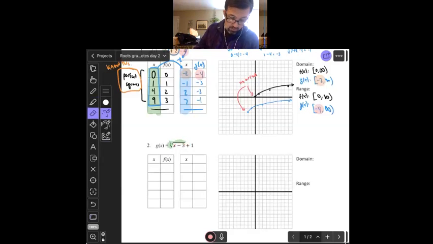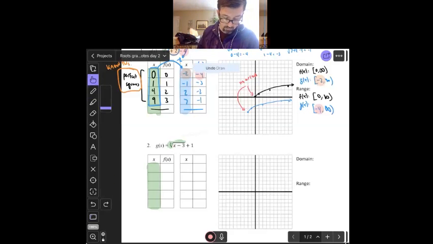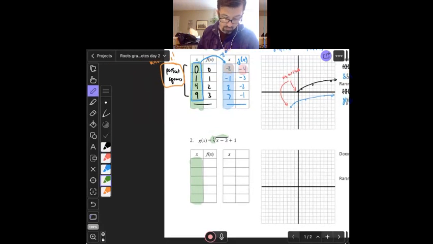Once I know that it's a cube root, then I'm going to use these numbers. What am I going to use since that's a cube root? Tiam, what am I going to use since it's a cube root? Jordan?